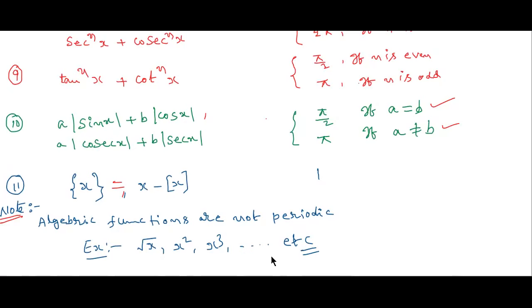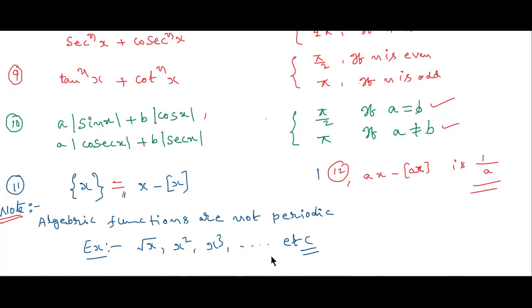And one more important point, the period of ax minus step of ax is 1 by a. This is the formula. Okay, this is the 12th one.